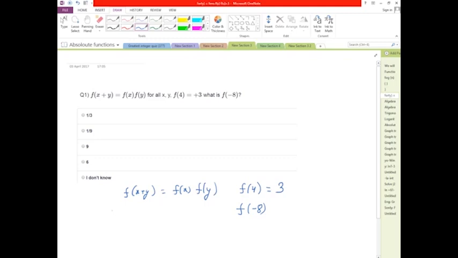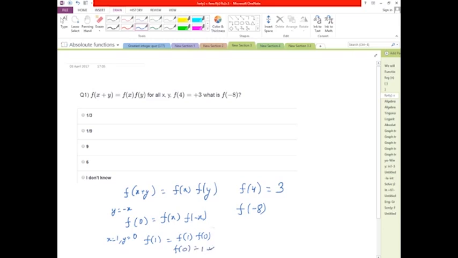You put y is equal to minus x, and you will get f(0) is equal to f(x) f(-x), right? And if we put x equal to 1 and y equal to 0, as we had earlier, then you will get f(1) equal to f(1) f(0), or f(0) equal to 1.